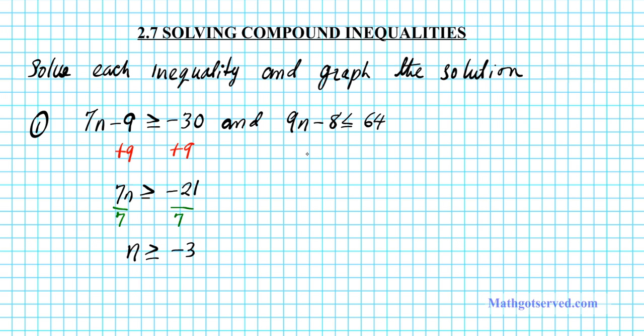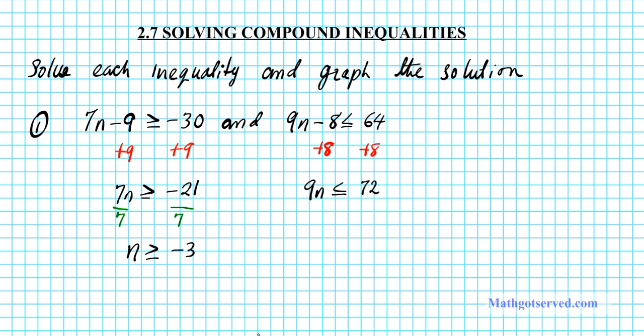Now let's shift our attention to the right side. Let's go ahead and isolate n here. We'll accomplish that in 2 steps, just like we did earlier. We're going to add 8 to both sides and divide by 9. So we add 8, and then we have positive 9n is less than or equal to 72.